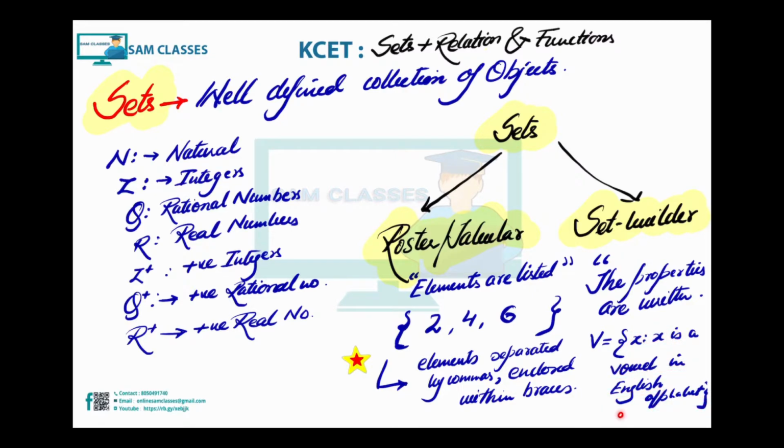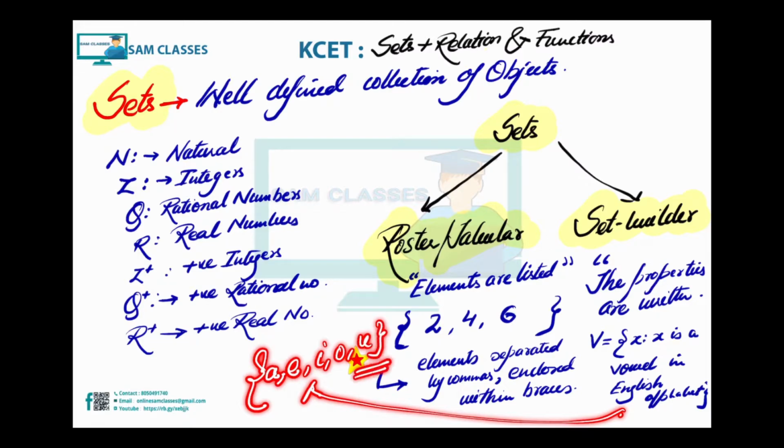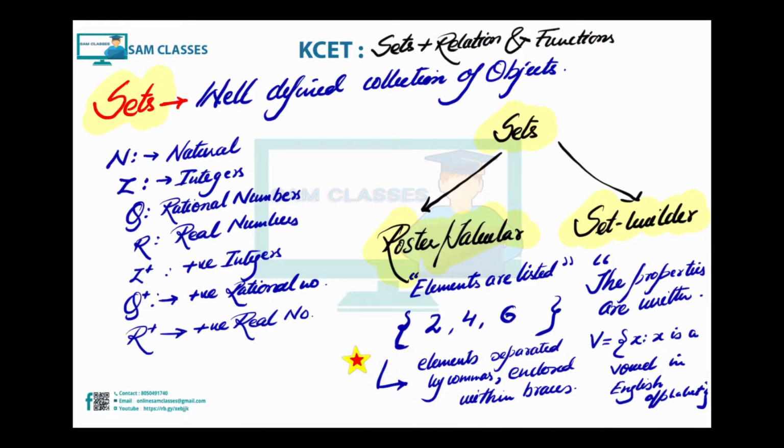If we wanted to write the same thing in roster form, we would write in braces all the vowels in the English alphabet: a, e, i, o, u. A lot of people will say, sir, I forgot the vowels. It's pretty simple, but the English part we can't explain here, so the English section will explain it.